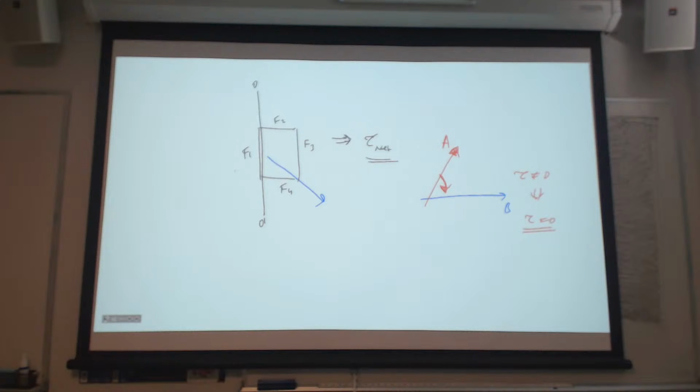Okay. And then I also had a question on the practice problem set, the first problem set. It's an equilateral triangle composed of 3 wires, and each wire is either going into or out of the screen. The top one, current 1, is coming out.